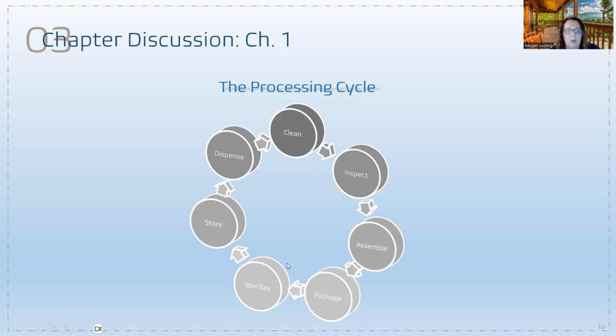Then it's going to be sent right back through the sterilizer, and then go back to that clean storage area somewhere in CS. And then it will be dispensed once it's needed. So that's the cycle. You may have a pair of forceps that get used a million times. It goes through the same cycle every time it needs to be used for the next patient.